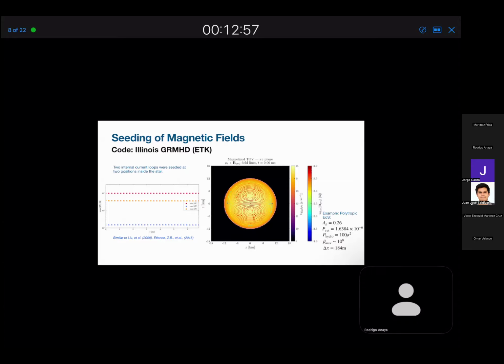For this case, beta is very big, so we should have our star in an unstable configuration, as you can see from the plots and from the simulation. This is a full 3D simulation done with the Einstein Toolkit, and we can see that the maximum of the magnetic field remains steady.